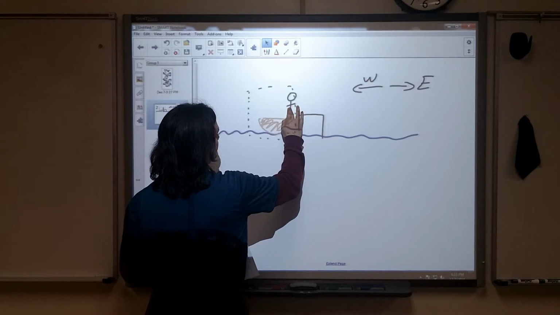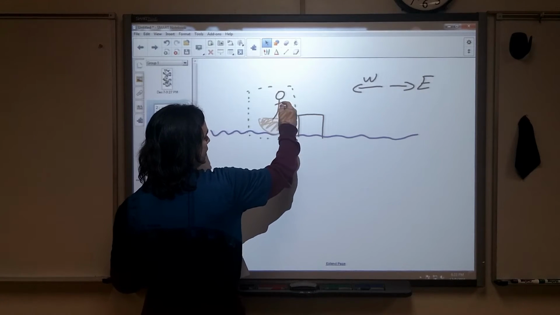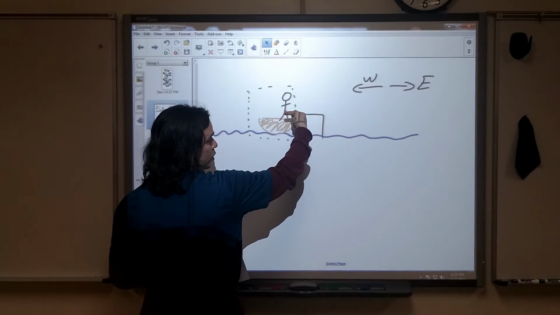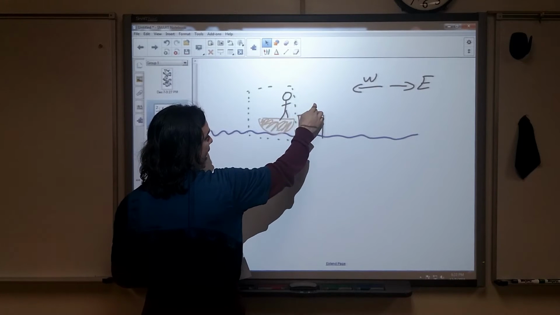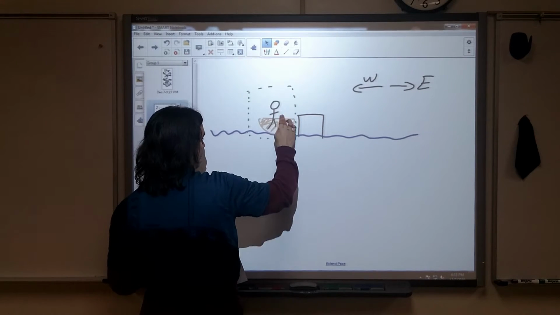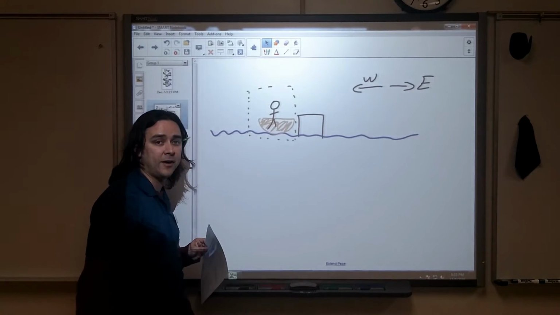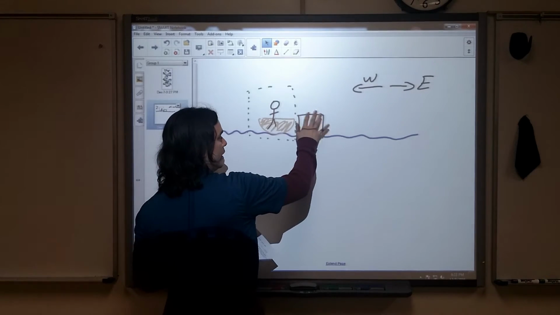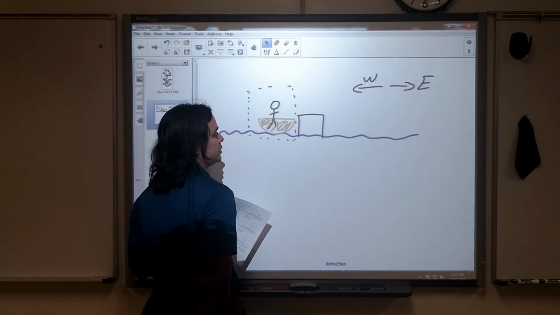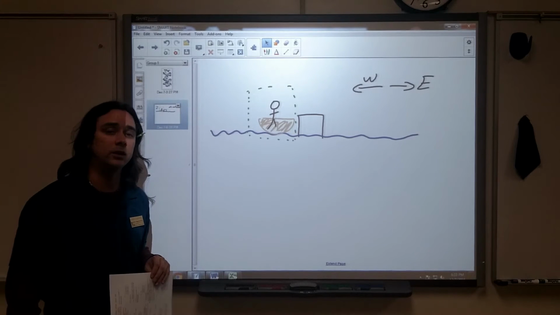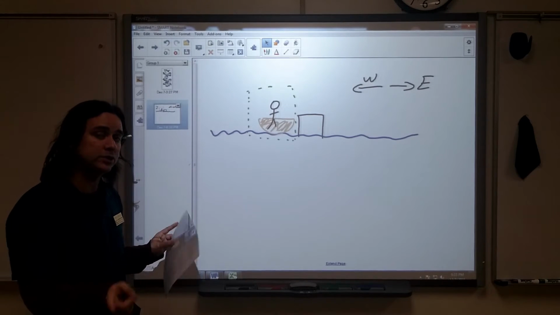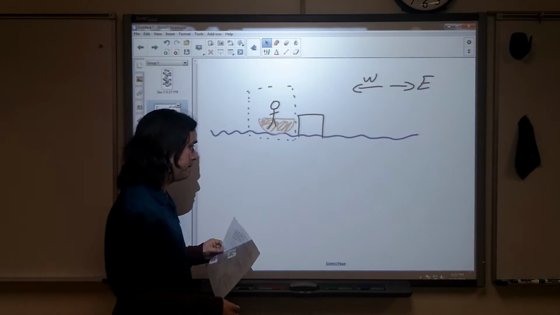We're looking at the fisherman as he's moving to the west, after he's left the dock, right before he hits the boat, and then right after he hits the boat. So you don't have to worry about him jumping off of the dock. That's something we'd look at with momentum impulse, which is other things to come.